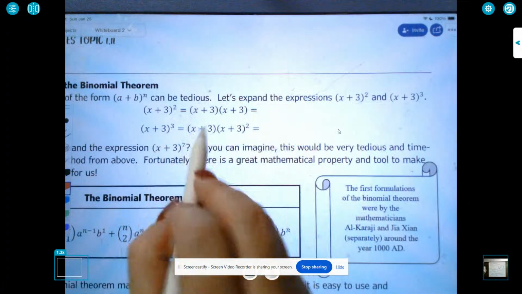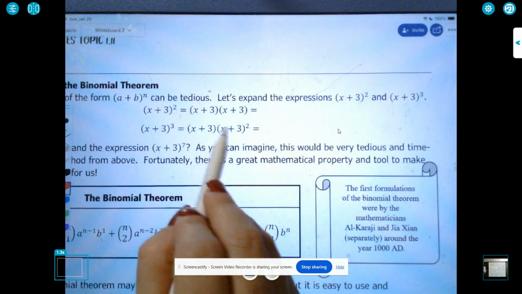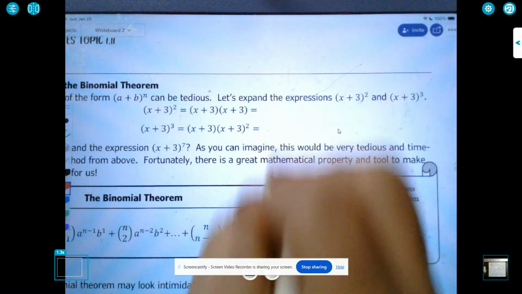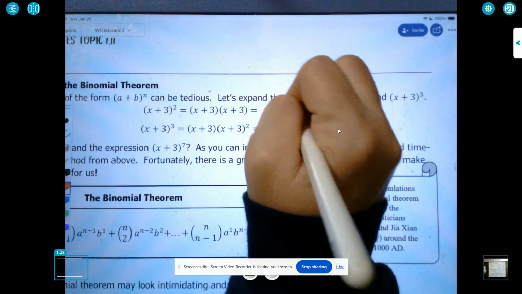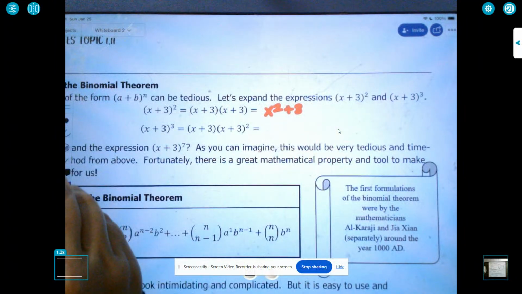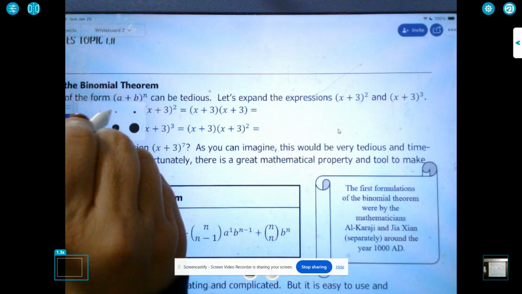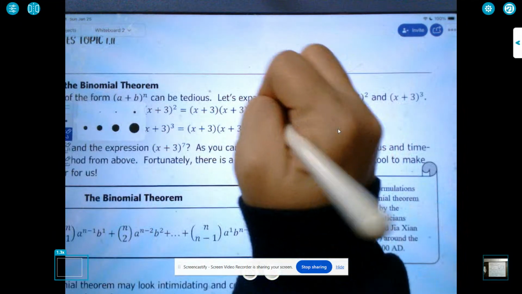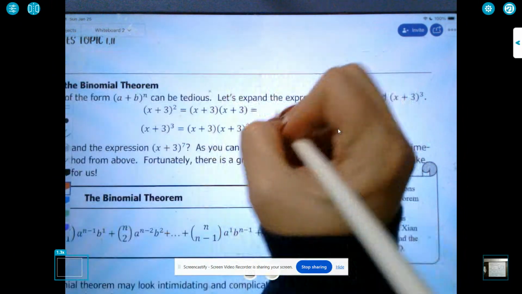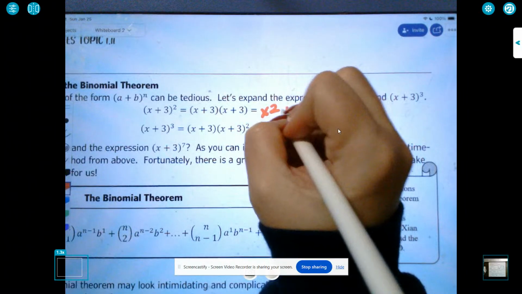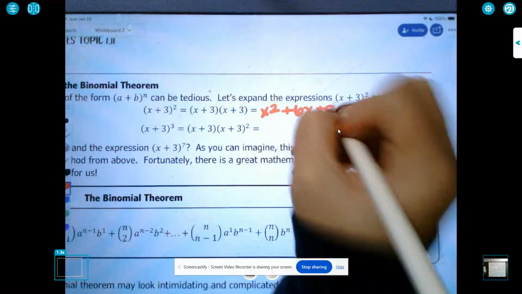X times x is x squared. 3x plus 3x is going to be 6x, and 3 times 3 is 9. So that would give us x squared plus 6x plus 9.